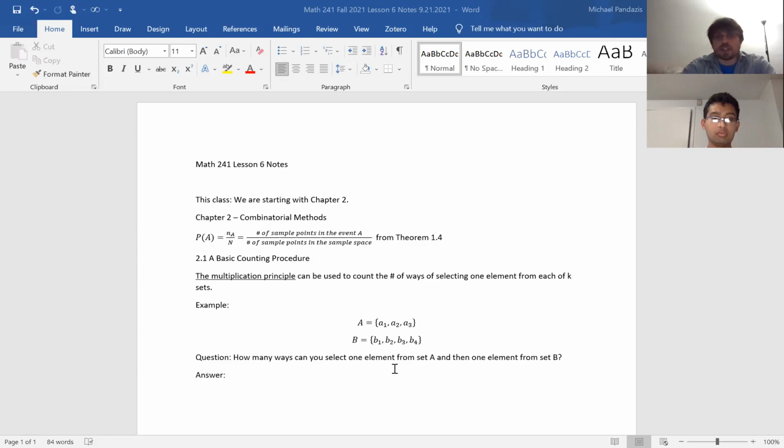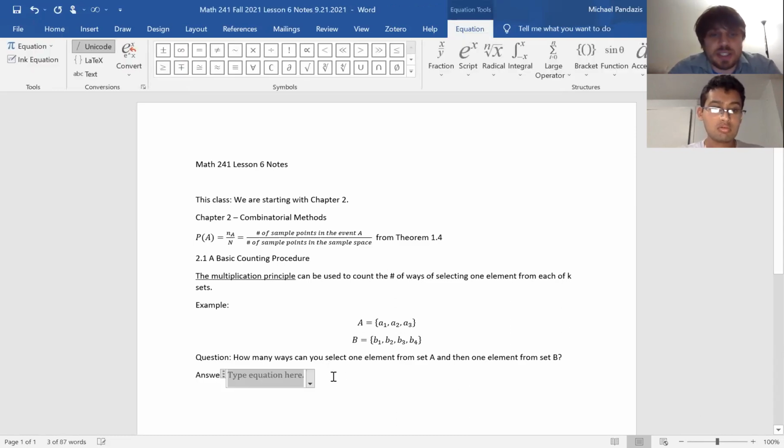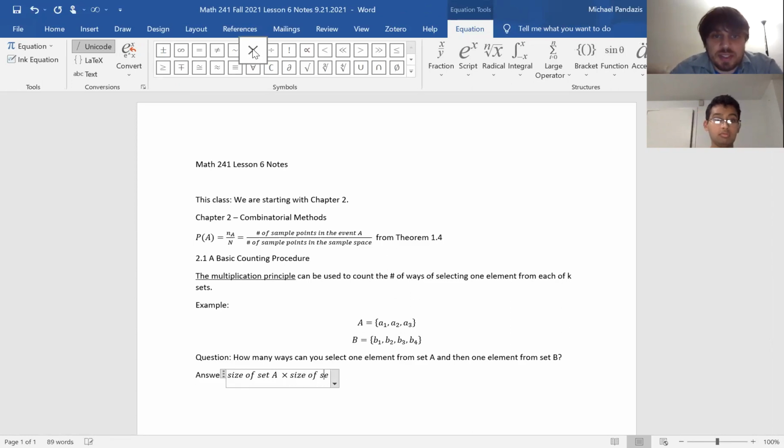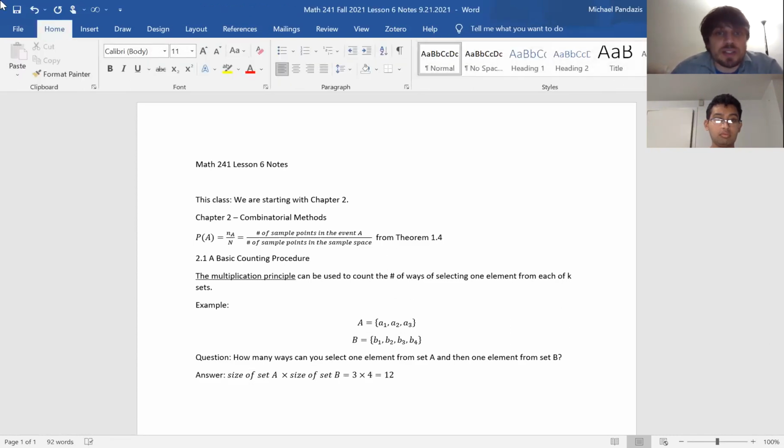Right, 3 times 4. There are 3 things in set A and 4 things in set B, so you have 3 choices in set A, and you multiply 3 by the number of choices in set B, which is 4. So the answer is the size of set A times the size of set B, which is 3 times 4, which is 12. That's the number of ways to select one element from set A and then one element from set B.